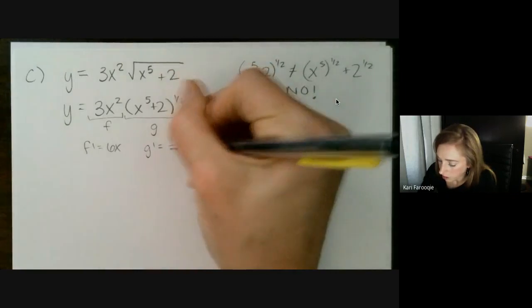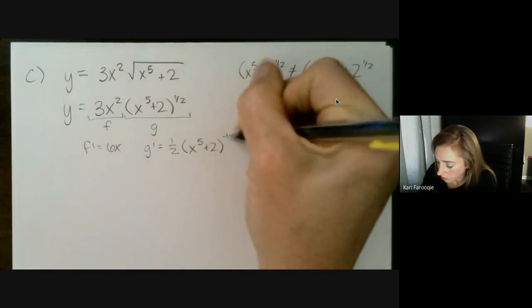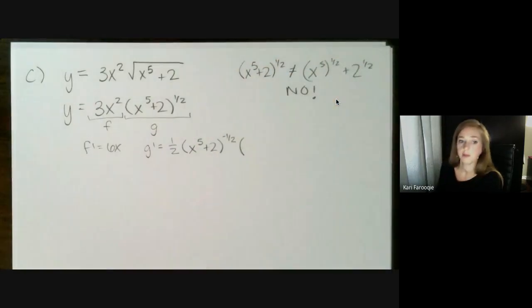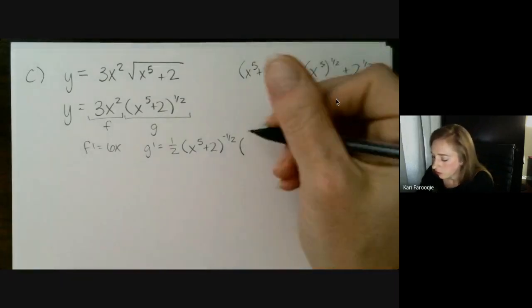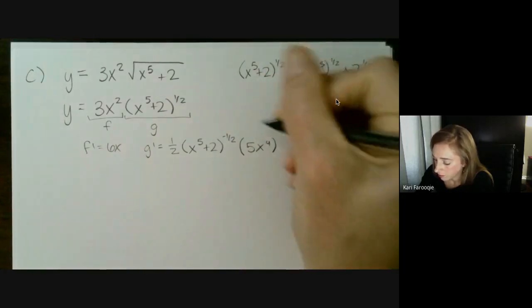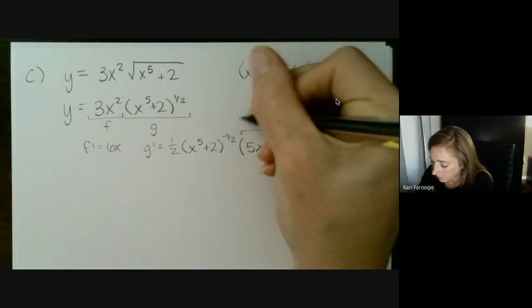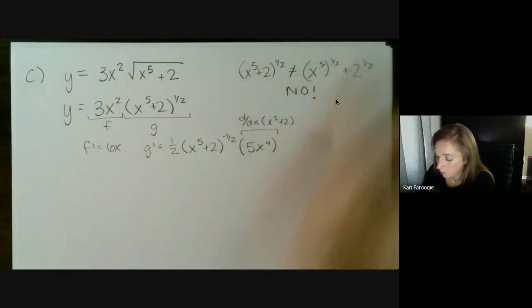So we're going to bring the power down, leave the inside function alone, subtract 1 from the exponent. And then here's where we're going to chain on the derivative of the inside function. So the derivative of x to the fifth plus 2 is 5x to the fourth. So remember that this quantity is the derivative of x to the fifth plus 2.